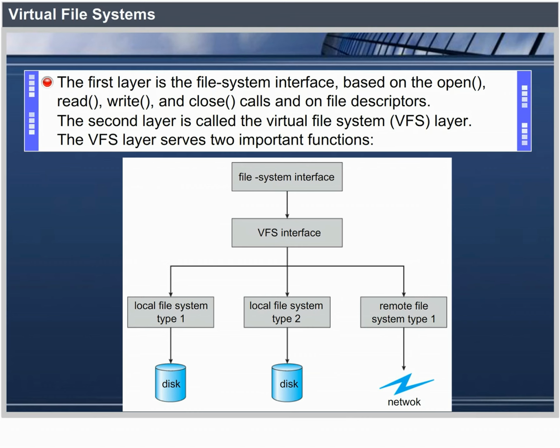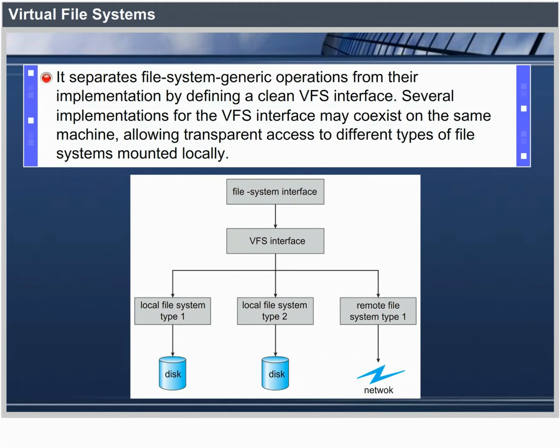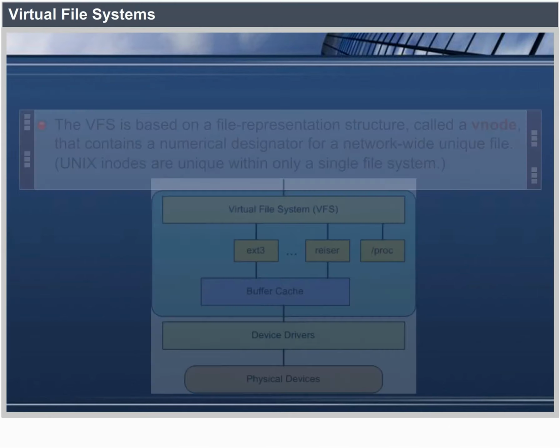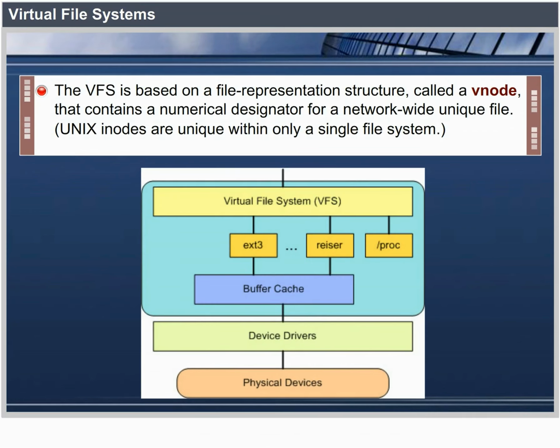It separates file system generic operations from their implementation by defining a clean VFS interface. Several implementations for the VFS interface may coexist on the same machine, allowing transparent access to different types of file systems mounted locally. It provides a mechanism for uniquely representing a file throughout a network. The VFS is based on a file representation structure called a vNode that contains a numerical designator for a network-wide unique file.